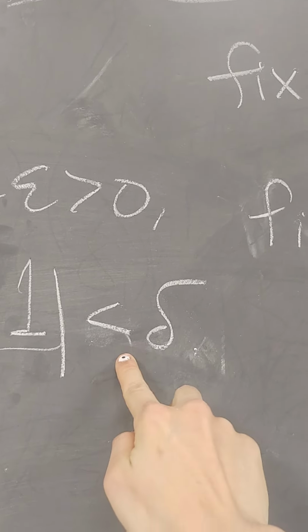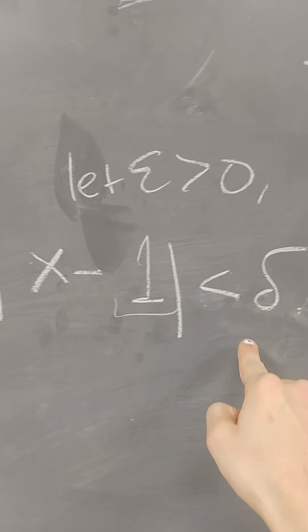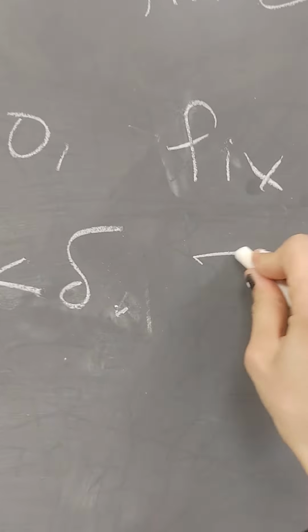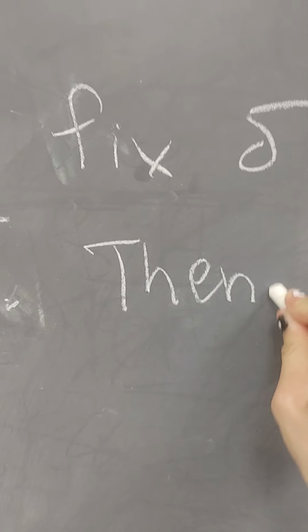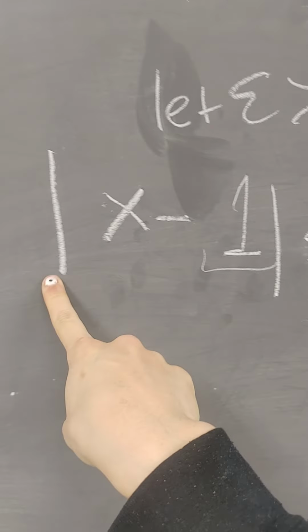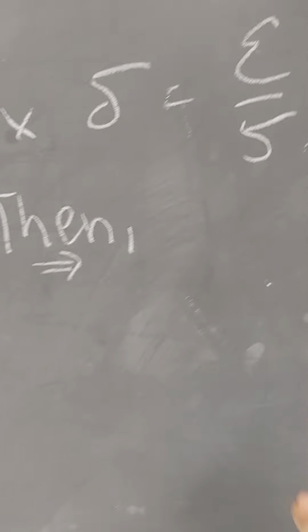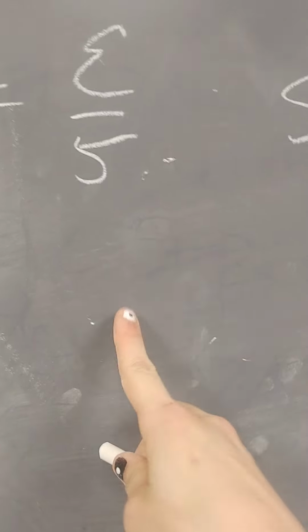Delta is very small. Being less than delta means that we're closing the distance, more or less. Suppose that the absolute value of x minus 1 is less than delta, then you can write this implies, but if we can assume this statement, then we can do the whole shenanigan that we were doing before.